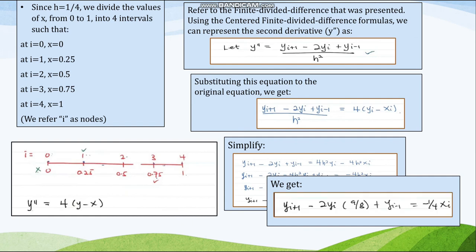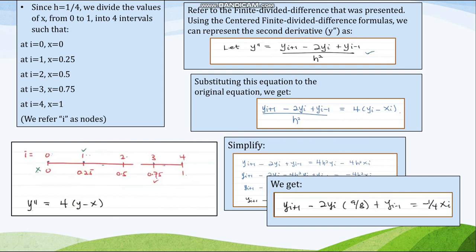And finally, we came up with this equation: y sub i plus 1 minus 2y sub i times 9 over 8 plus y sub i minus 1 is equal to negative 1/4 x sub i.